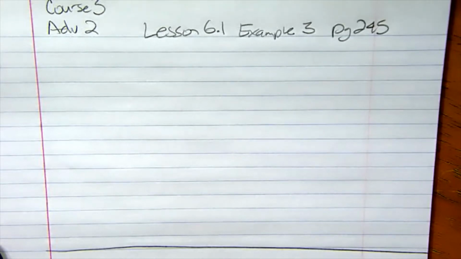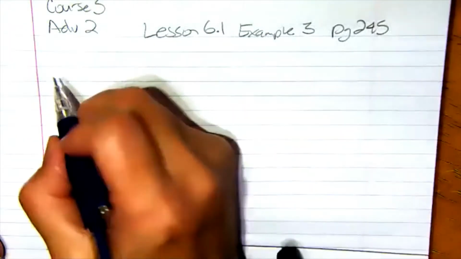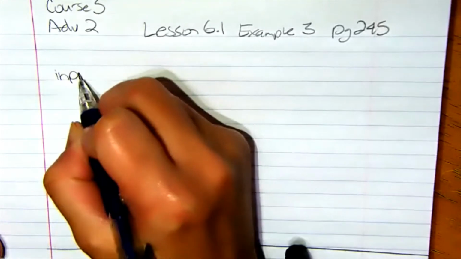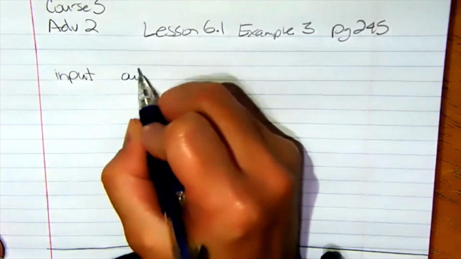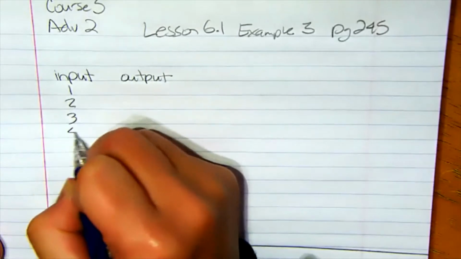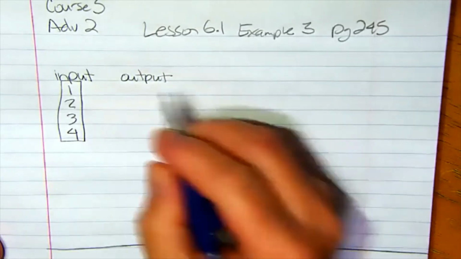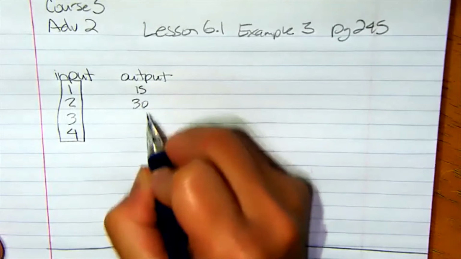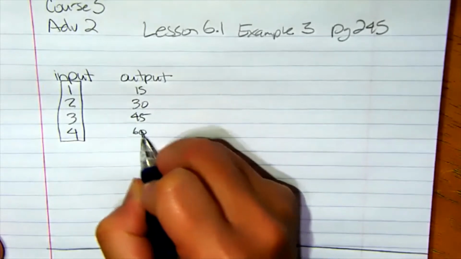So today, we're going to do those two things, but we're also going to describe the mapping diagram. So the book gives us a mapping diagram that looks like this. Input, output, 1, 2, 3, 4, 15, 30, 45, 60.